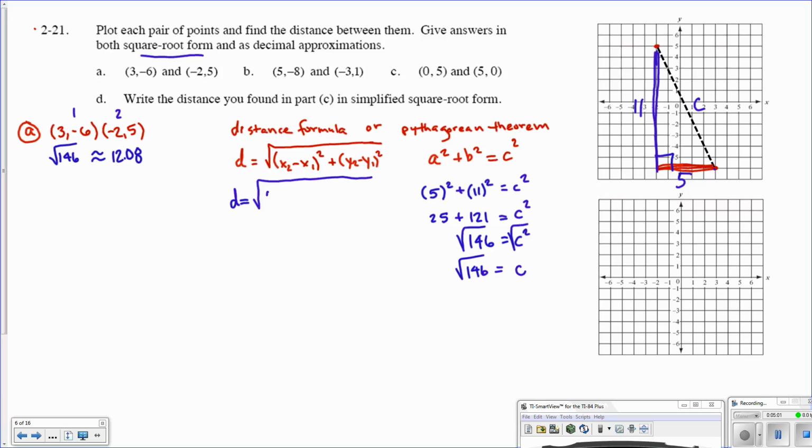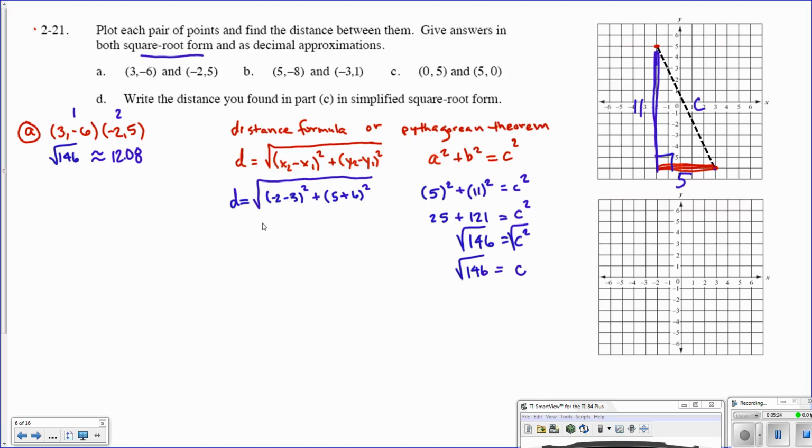So -2 minus 3 and we're going to square that, plus, if we started here with -2, then we have to start with this 5. 5 minus -6, which is the same thing as 5 plus 6. And we're going to square that.